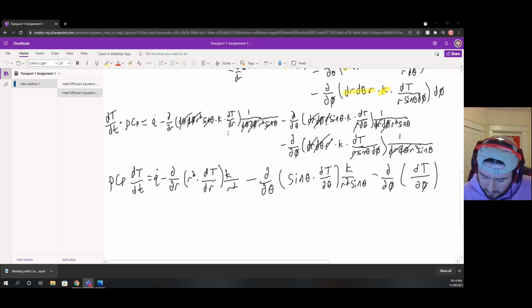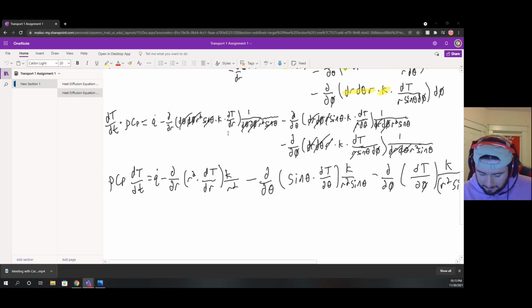What's left on the outside is k over r squared sine squared theta. Just making sure everything looks right here, and it does.